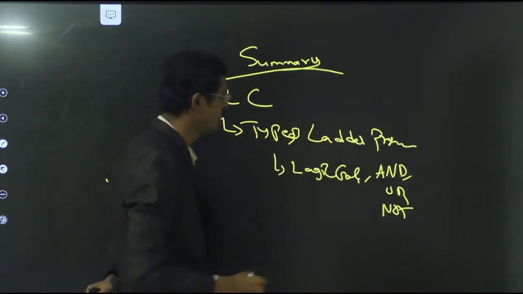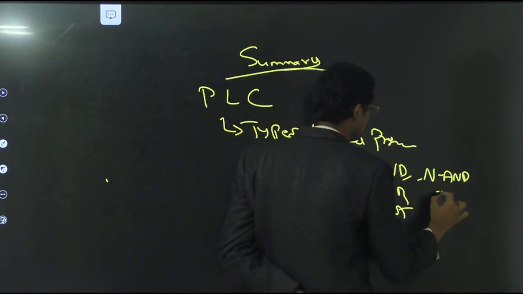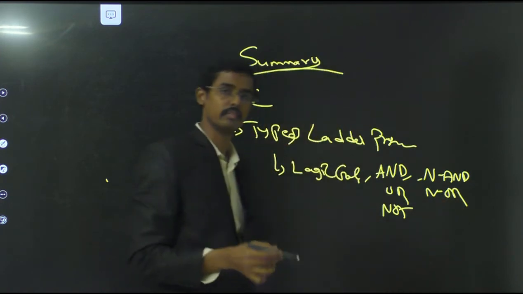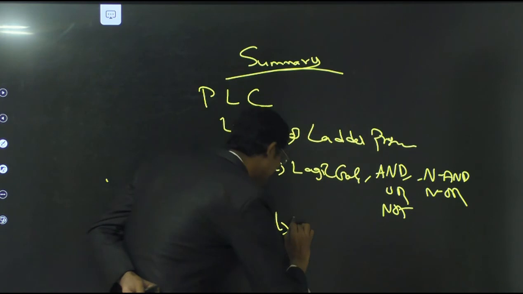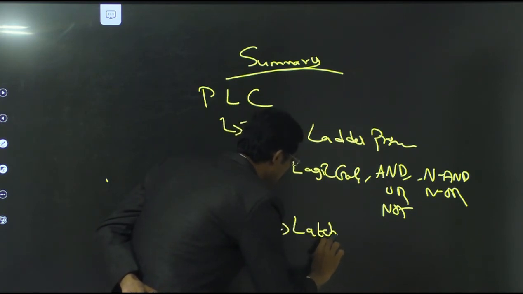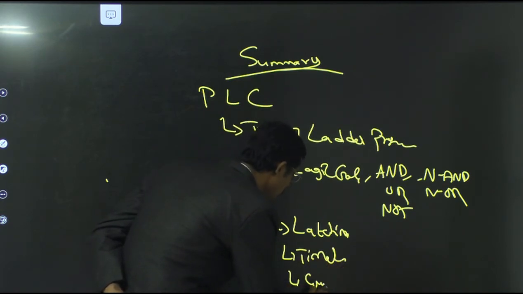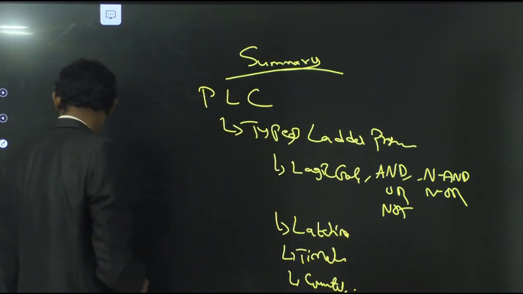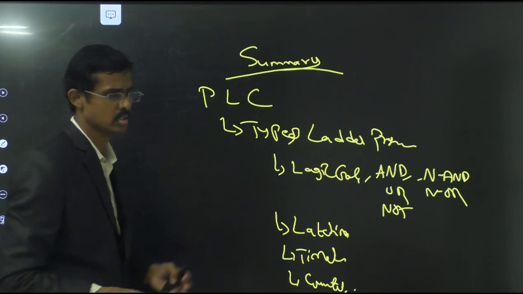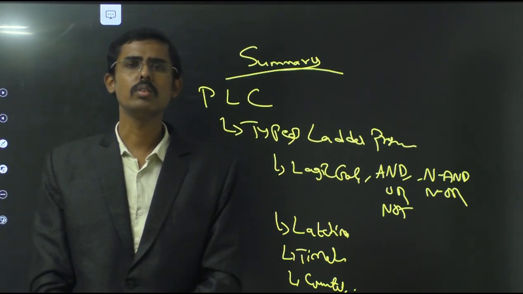Accordingly, NAND and NOR gates also we have done. And after the logic gates, we have seen latching. After the latching, we have seen timers and also counters. The remaining part of the subject we will see in the next session.